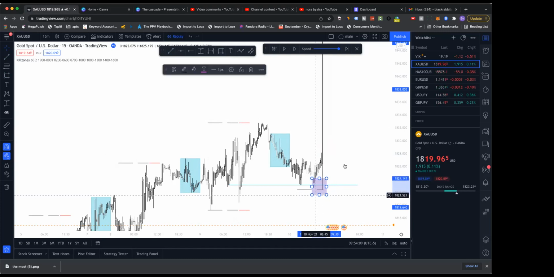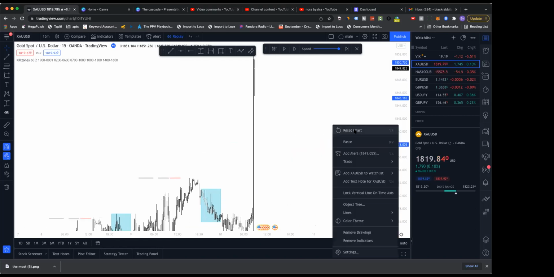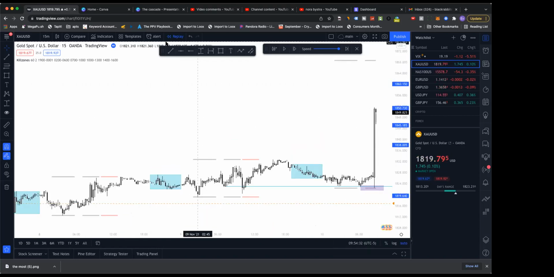So London close timing-ish, or sorry, New York timing. At that time I was trading a lot in New York, and we had this QM level here, and then I just took the buy as the news came out. Price dropped, I bought, and then it flew. Then I also sold all the stuff that happened after.